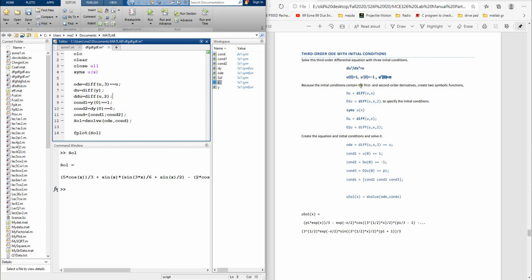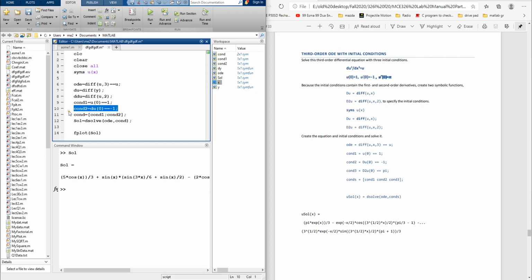Now we have three conditions. Say cond1: when x equals 0, u of 0 equals 1. And condition number 2: du, the derivative of u, when x equals 0, is equal to minus 1.